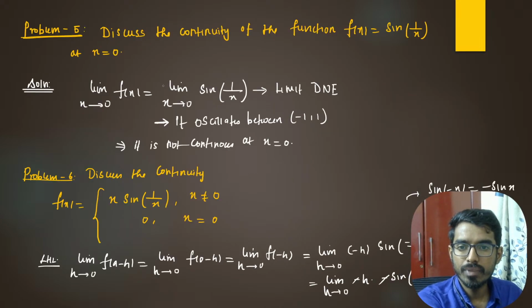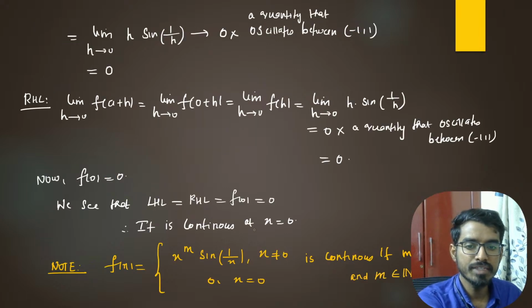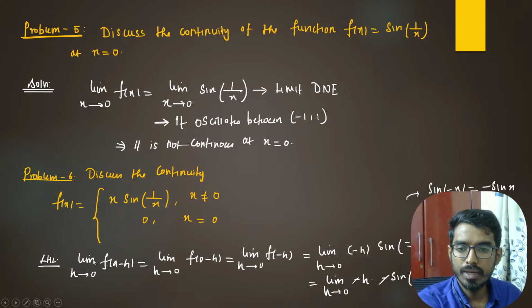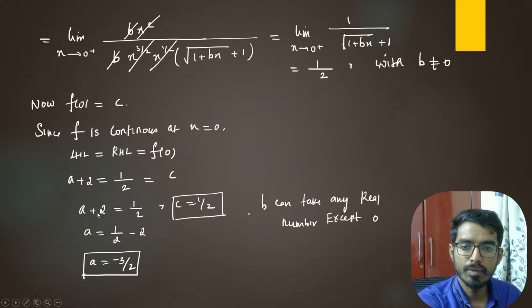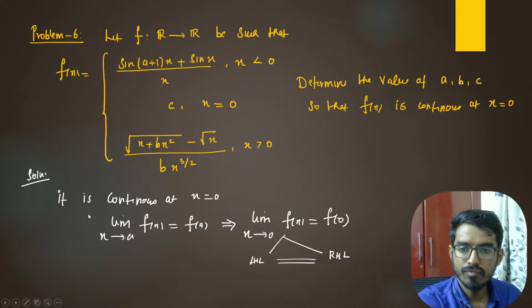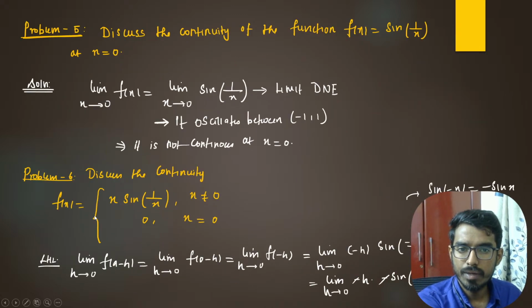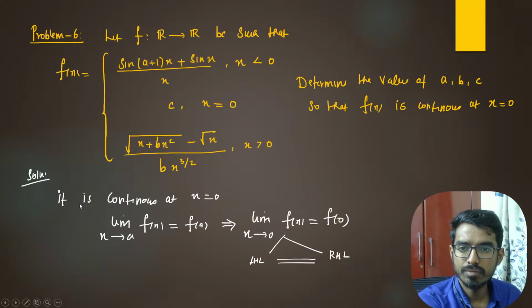You can see the problem: discuss the continuity of the function f of x equal to x into sine 1 by x. Already we said that it is continuous at 0, right? What is that problem? Problem number 6.